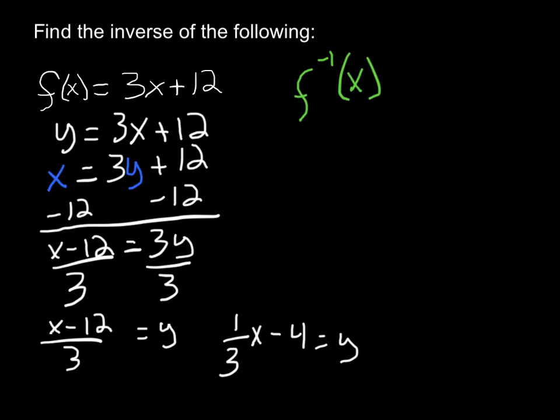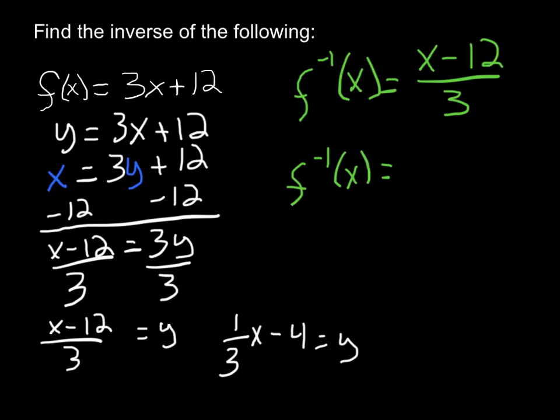This is f inverse of x, which is equal to x minus 12 divided by 3. You could also again write that as f inverse of x is equal to 1/3 x minus 4. Either one of those two is just fine. Both of those will work.